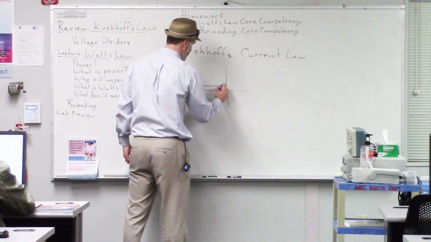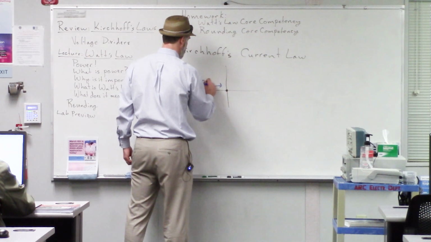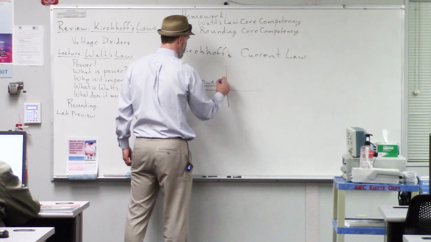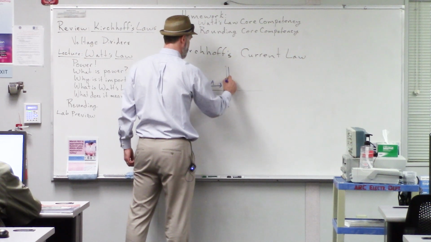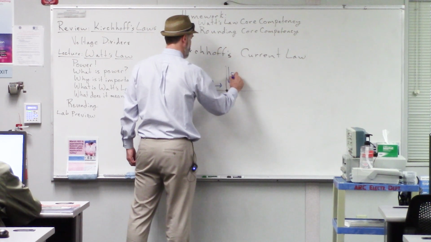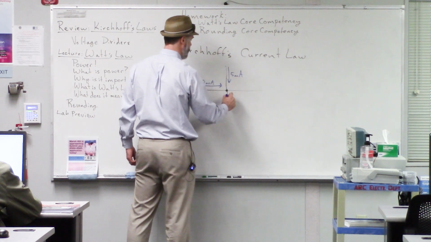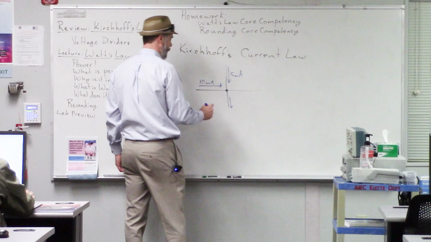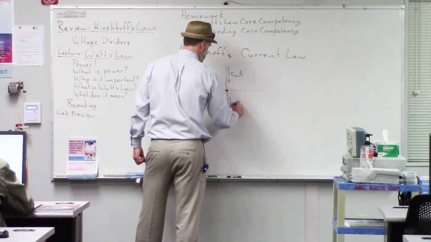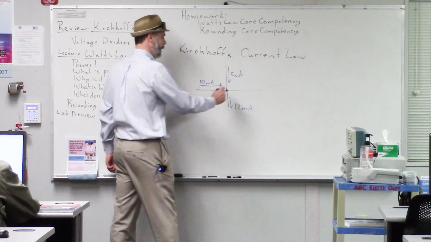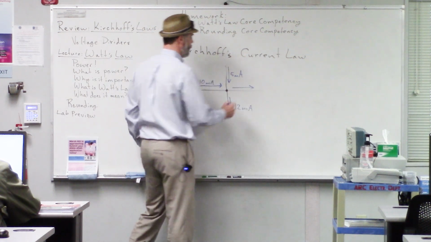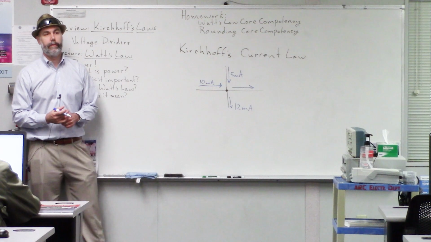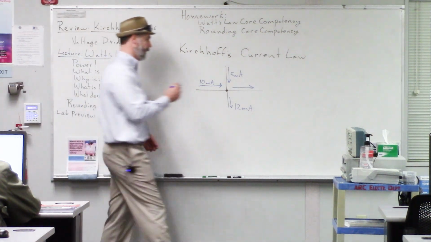So if we have, say, 10 milliamps flowing in there and 5 milliamps flowing in from that direction, and we know that we have, say, 12 milliamps flowing out that way, then how much current would be flowing out in that direction? 3, exactly.